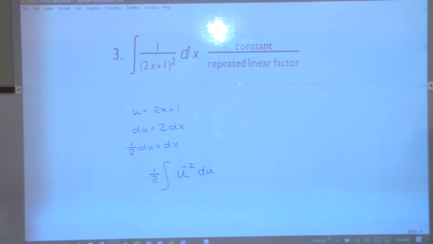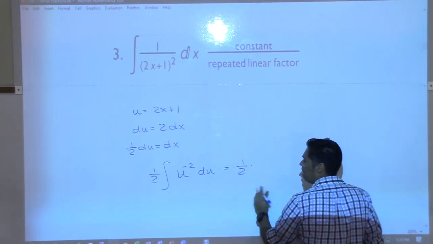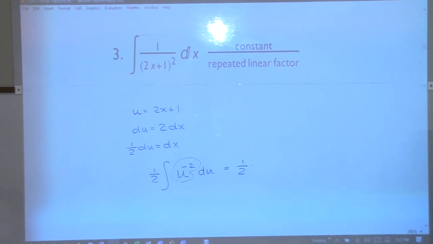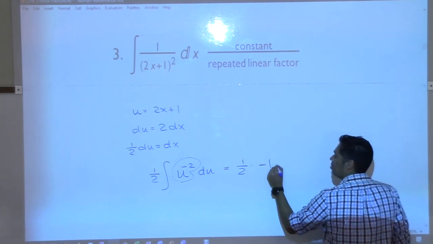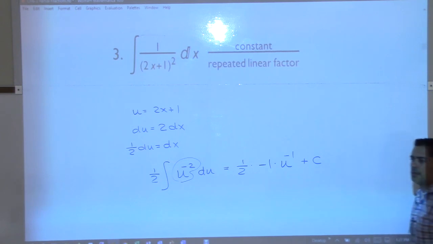So the antiderivative of that should be 1/2 times, now you have to run your power rule on that. So you get what? -1 times u to the -1 plus a constant.